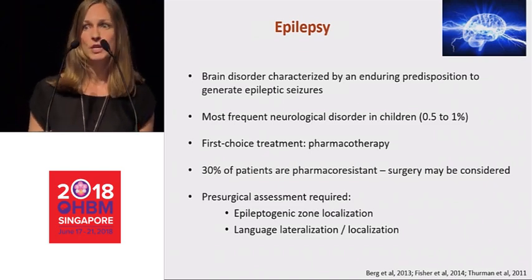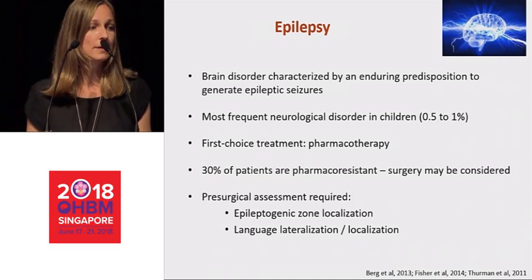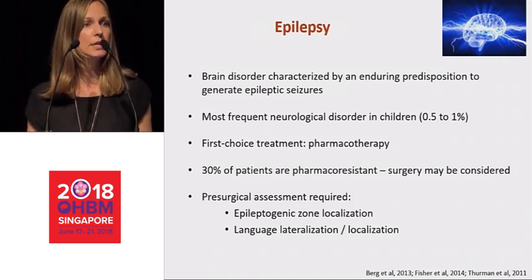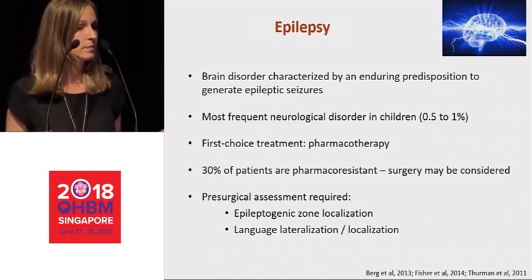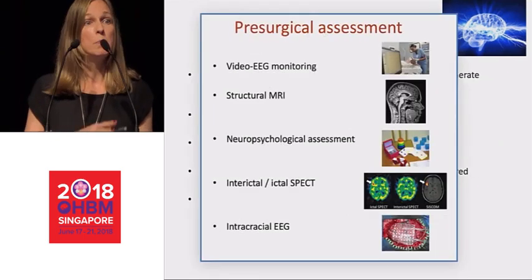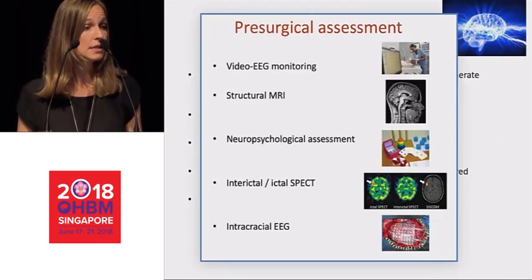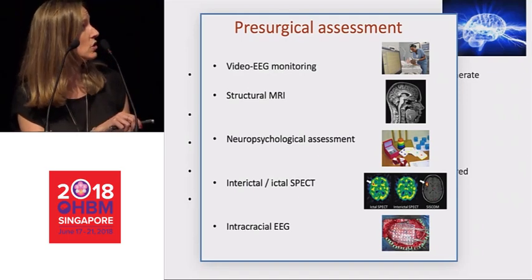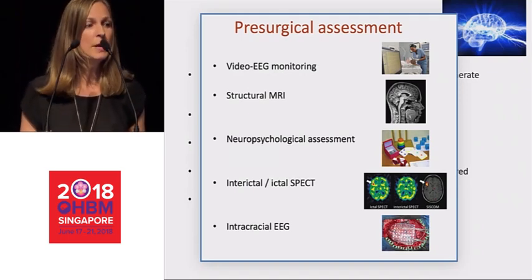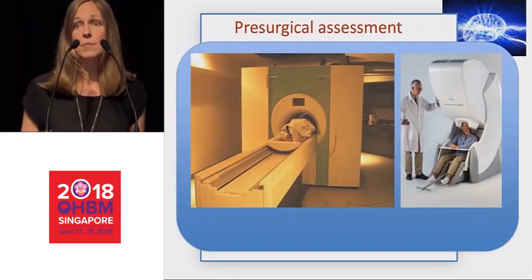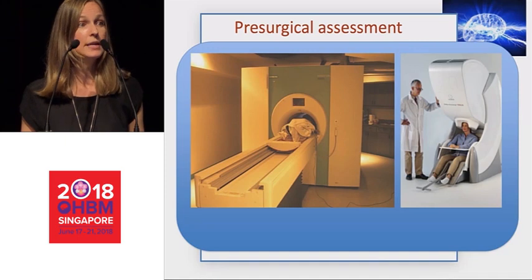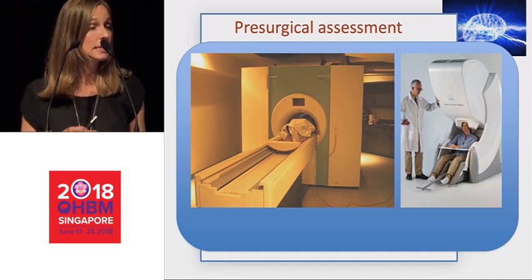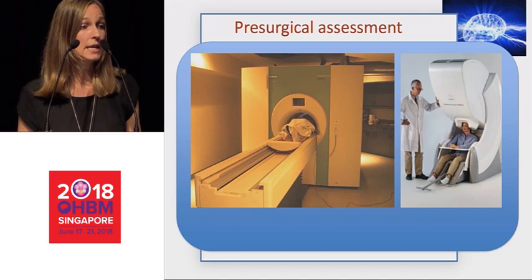And of course, before doing brain surgery, we need to do all the pre-surgical assessments to localize the epileptogenic zone and the language function areas. The pre-surgical assessment includes many tests, for example, video EEG, structural MRI, neuropsych assessment, etc. And for several years now, epilepsy clinics around the world have included fMRI, EEG, and MEG to localize the epileptic focus and language functions.